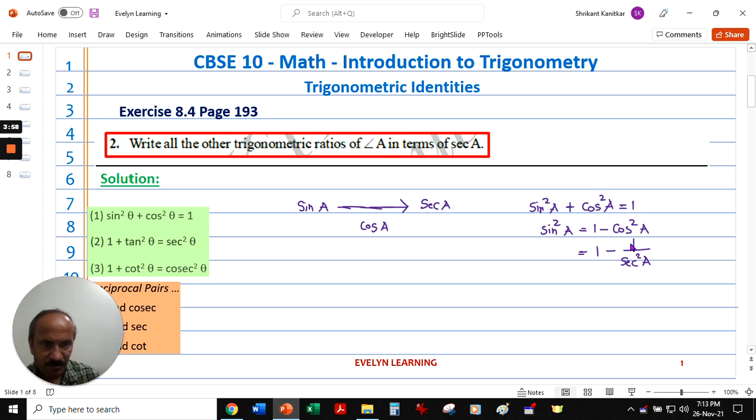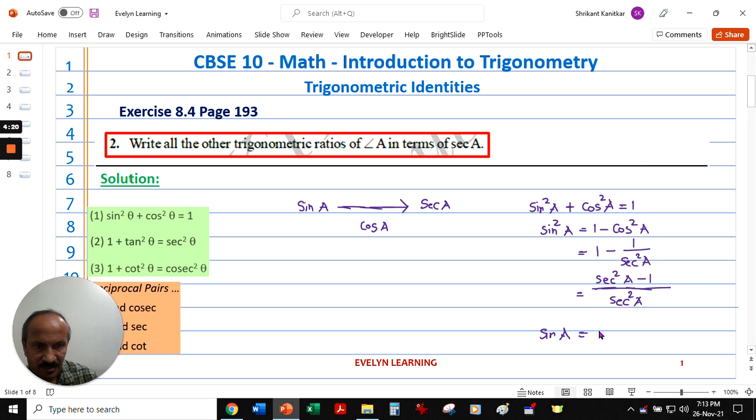So this became 1 minus 1 over secant square A. I will take the least common denominator here. The least common denominator is going to be secant square A, and in the numerator I will get secant square A minus 1. So this is my expression for sin square A.